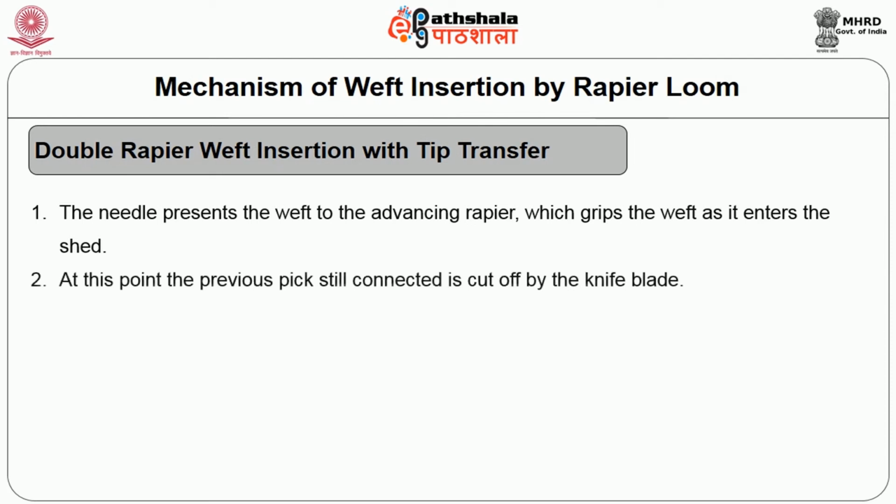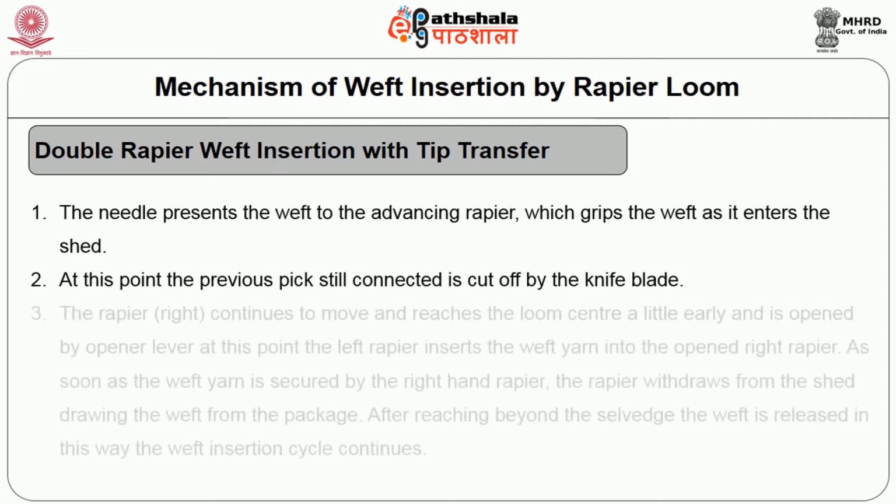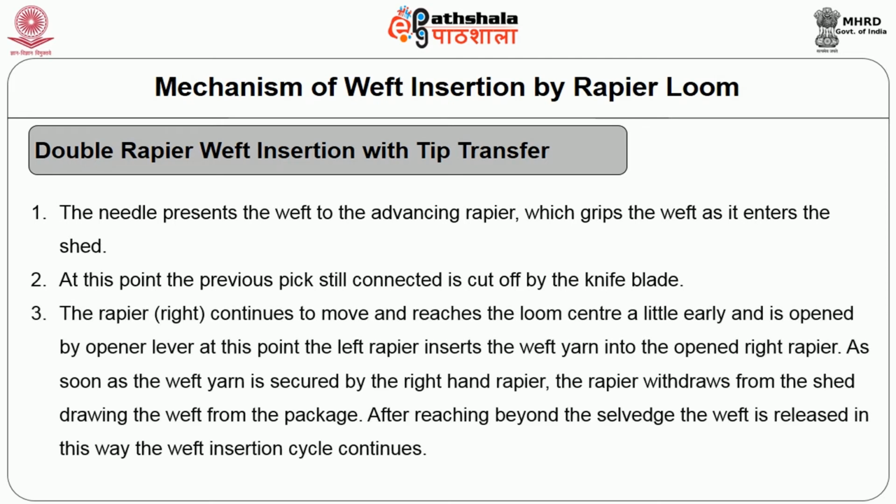At position 2, the previous pick, which is still connected, is cut off by the knife blade. At position 3, the rapier, that is the right side rapier, continues to move and reaches the center of the loom a little earlier and is opened by opener lever H. At this point, the left rapier inserts the weft yarn into the opened right rapier.